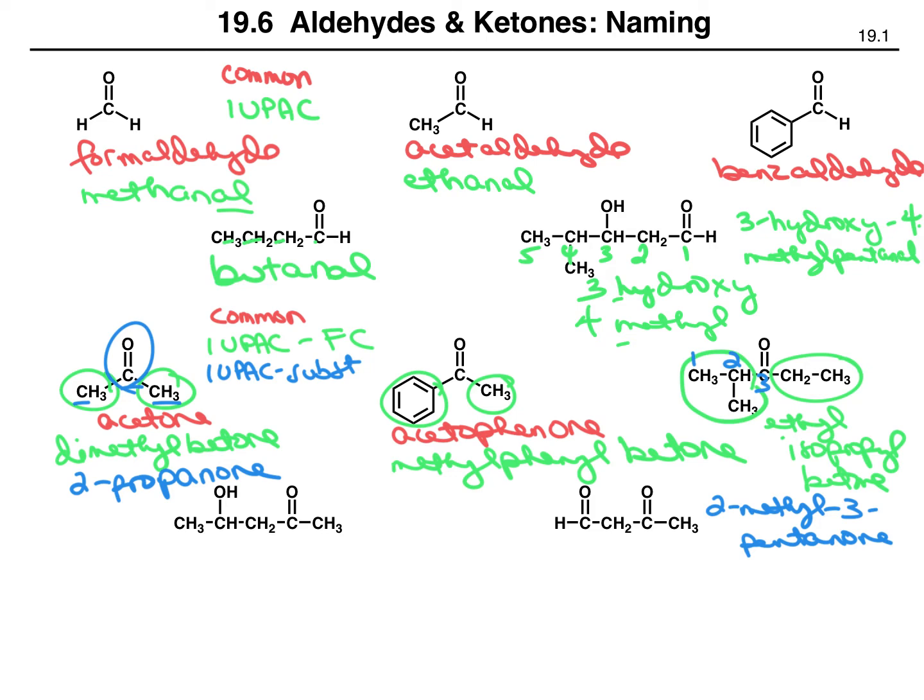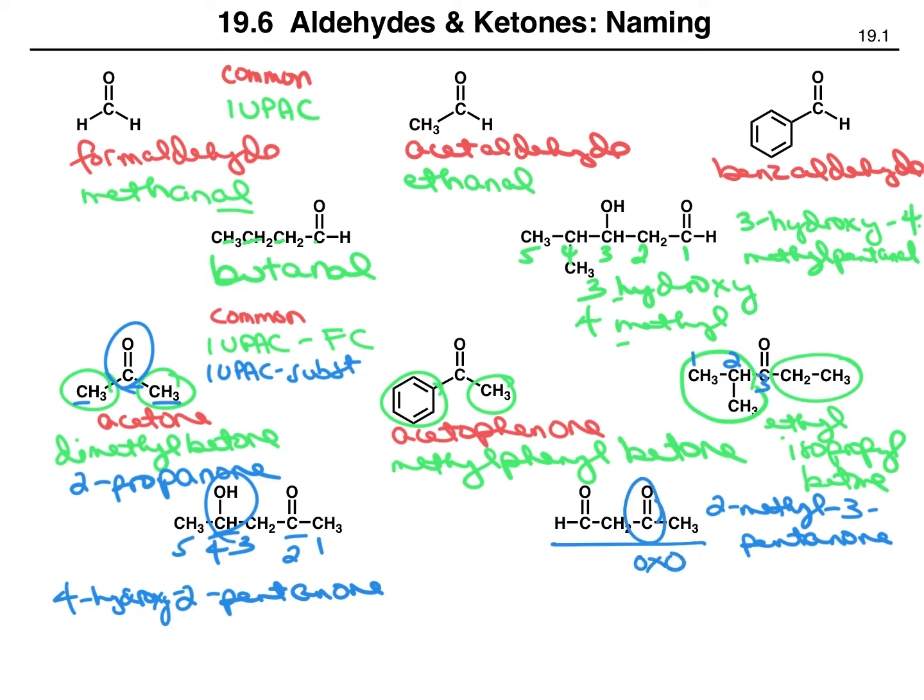Just a couple more examples. So a ketone has priority over an alcohol, so we will name it as a 2-pentanone. And this is a hydroxy substituent, so this is 4-hydroxy-2-pentanone. And finally, this last one, we have an aldehyde and we have a ketone. So the aldehyde has priority over the ketone, so this is named as an oxo substituent.